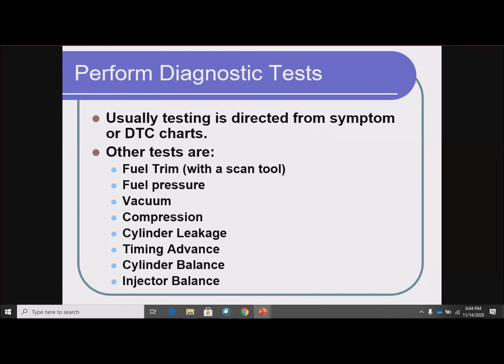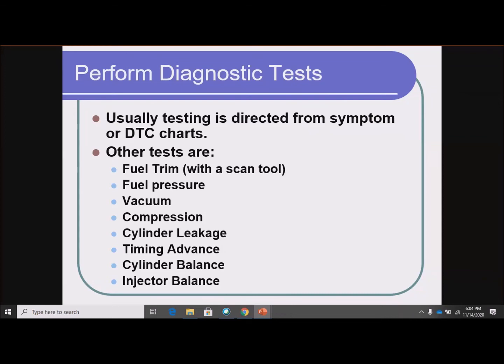So you just follow that like a flow chart, right? Check this, check that, and it'll just tell you what to do. The real challenge, I guess, is when you don't have a code, what tests are available to you?